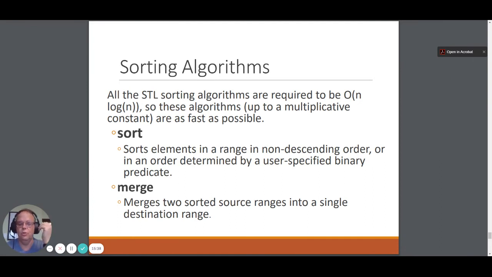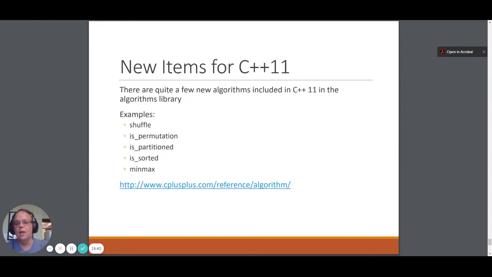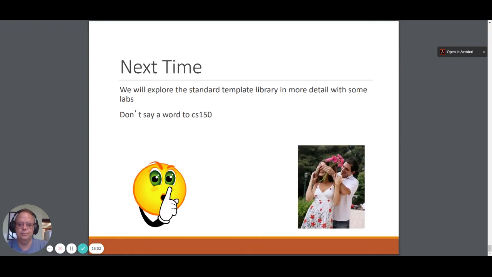Merge merges two sorted ranges into a single destination range. For C++11 and up, there are some new items: shuffle, is_permutation, is_partitioned, is_sorted, and minmax. And you can go to C++ reference and look at those updated new items that Malik didn't cover.